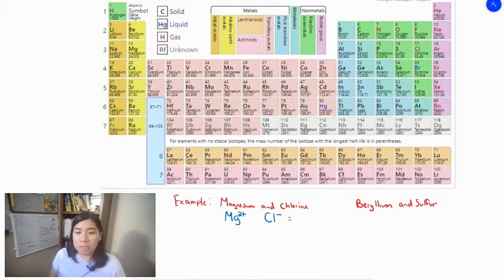Now when we look at these charges and we add them, we know that magnesium is a +2 and chlorine is a -1. So if we were to add those two together, we would do 2 minus 1, which gives us a +1. Now we said that this entire compound needs to be equal to 0 when you add it together. So if it's +1, you need to keep adding a negative.